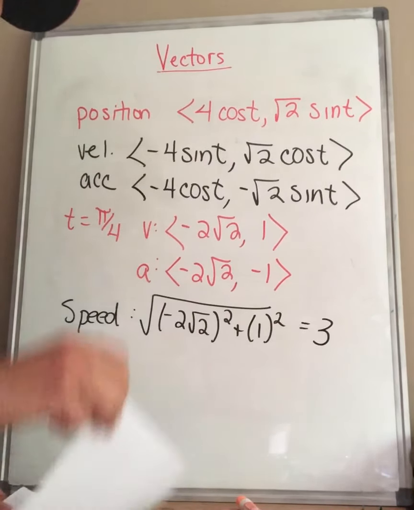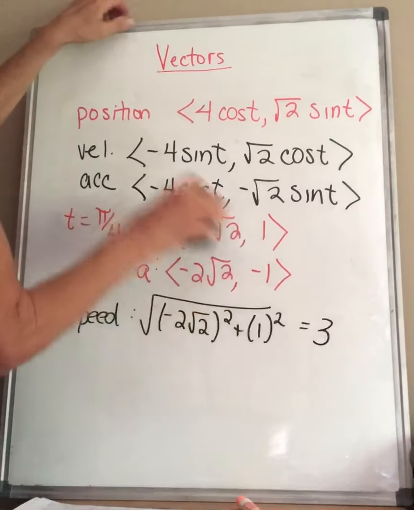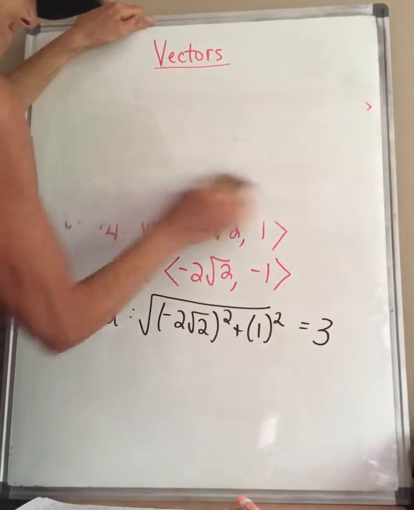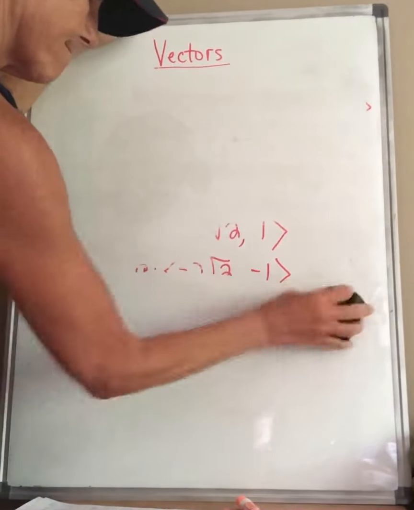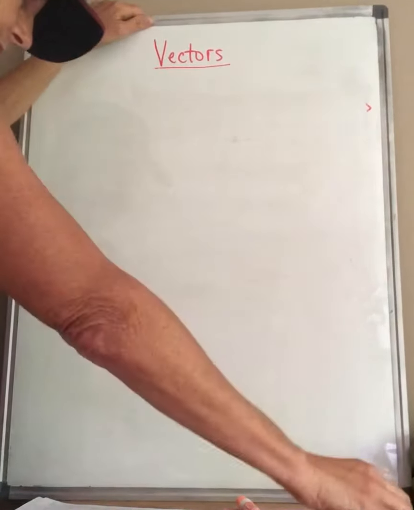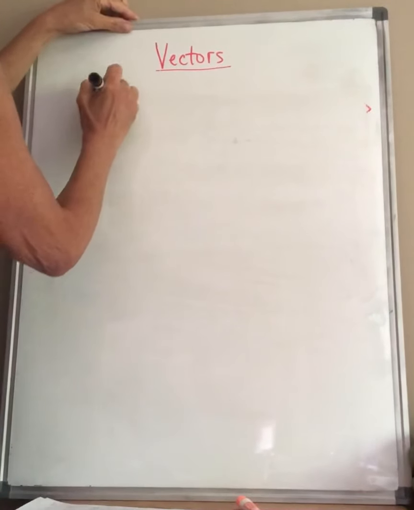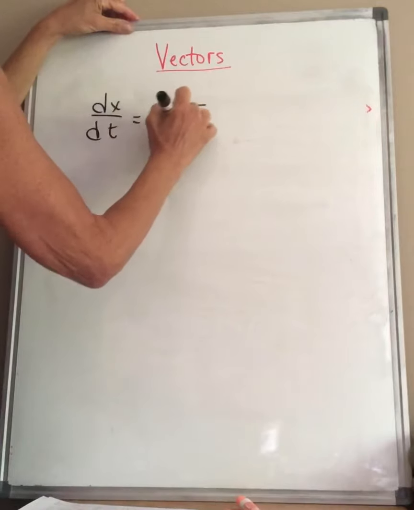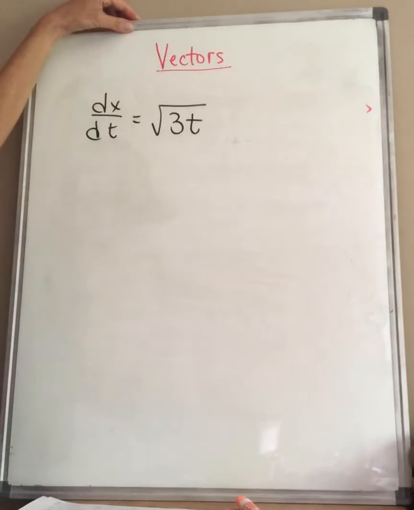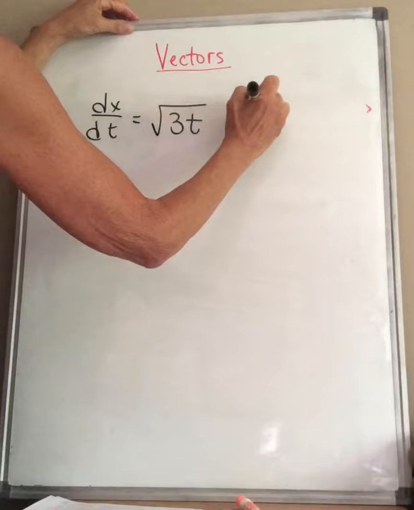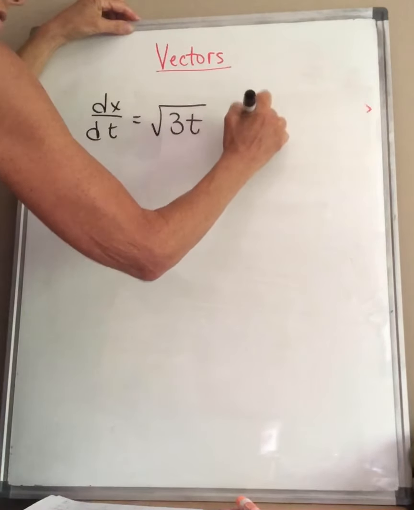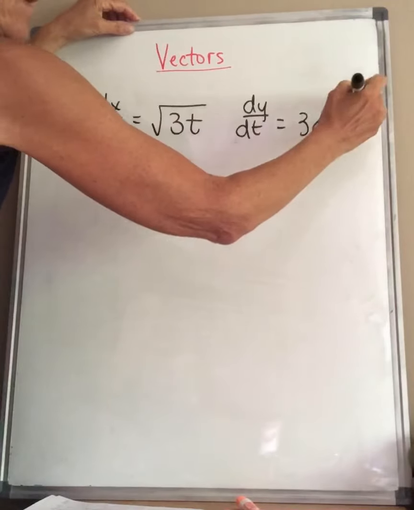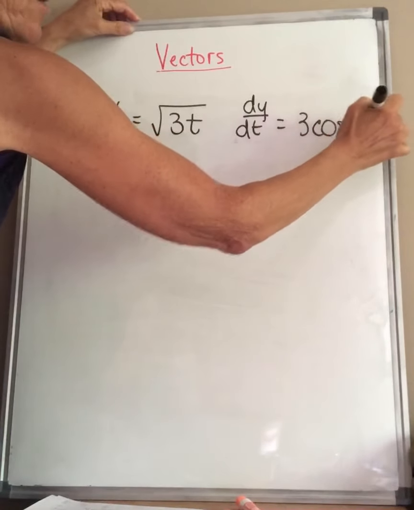There's one more type of question that I can ask you, and we'll work on it now. Let me give you an example. Let me tell you that dx/dt is equal to the square root of 3t, the entire thing under the radical sign. And dy/dt is equal to 3 cosine of t squared over 2.